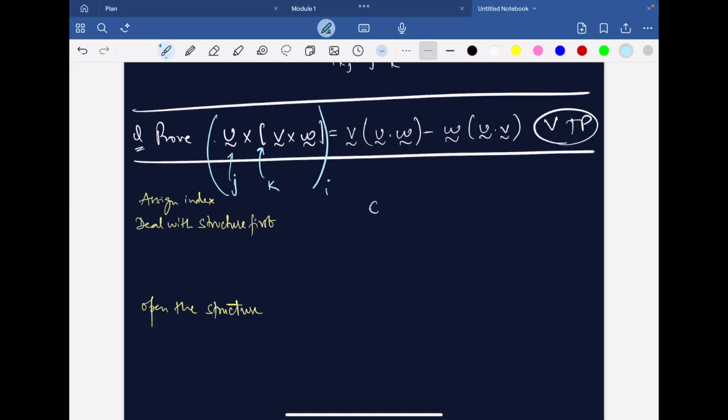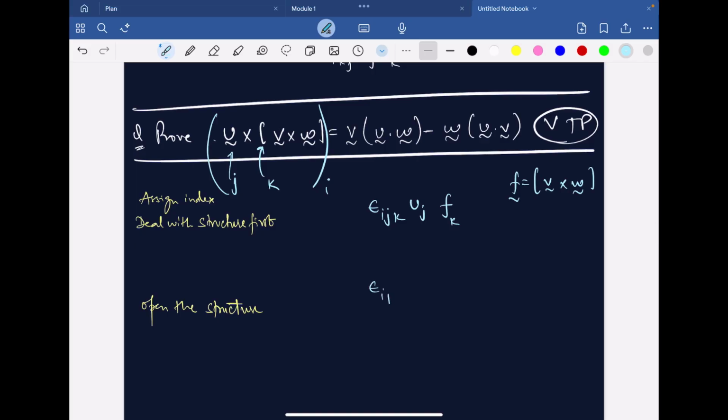So what I get is simply epsilon ijk uj fk, where my f is v cross w. Now you have to open the structure, and you have to write epsilon ijk uj.